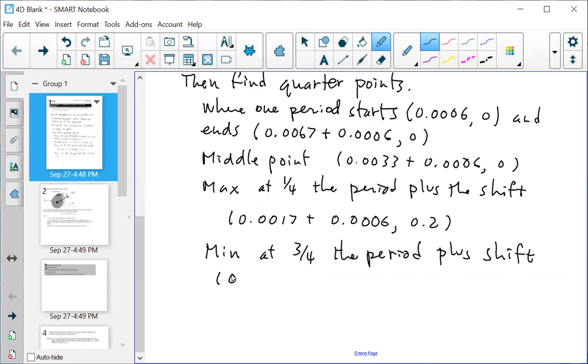So 0.005 plus 0.0006, comma negative 0.2. All right.